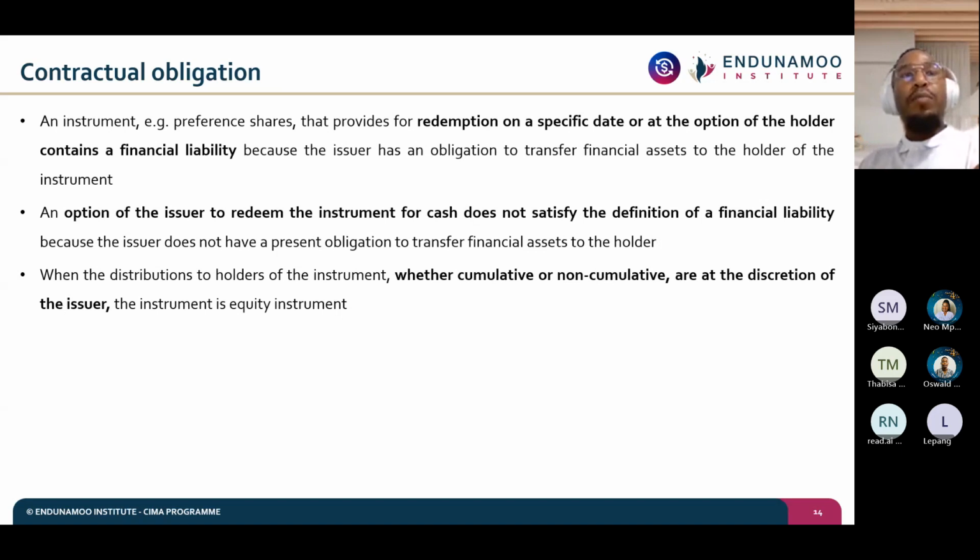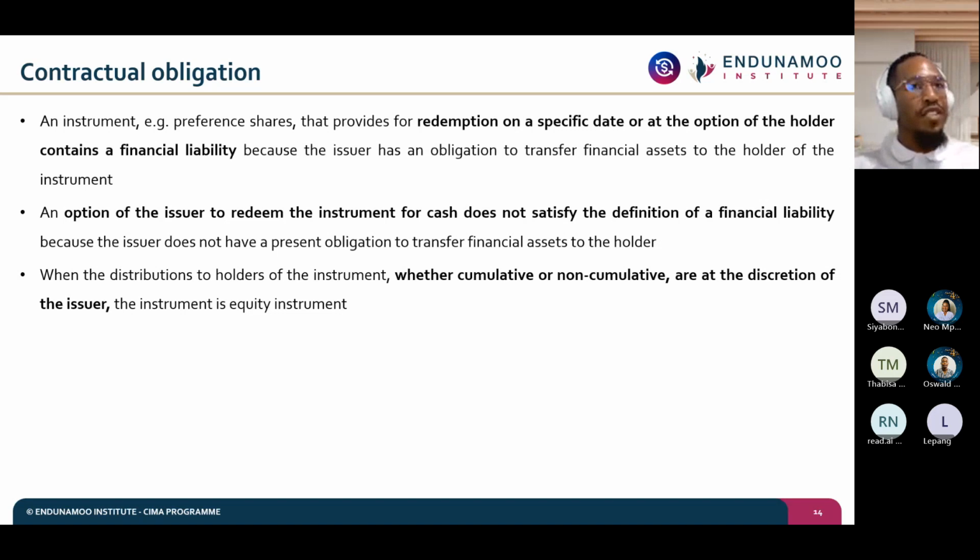So an instrument, for example, preference shares, that provides for the redemption of the shares on a specific date or at the option of the holder contains a financial liability because the issuer has an obligation to transfer financial assets to the holder of the instrument.